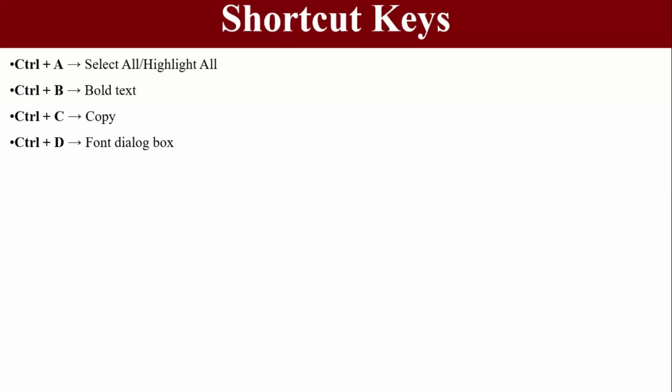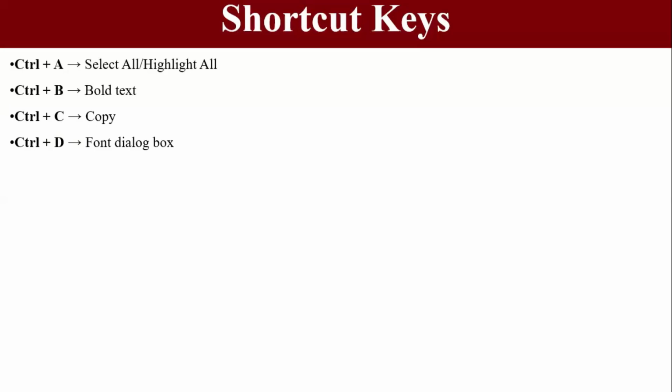So Control D, some call it font style or font dialog box. It's the same thing. This Control D opens the font dialog box for you, where you can change the font style, size, color, and also effects.